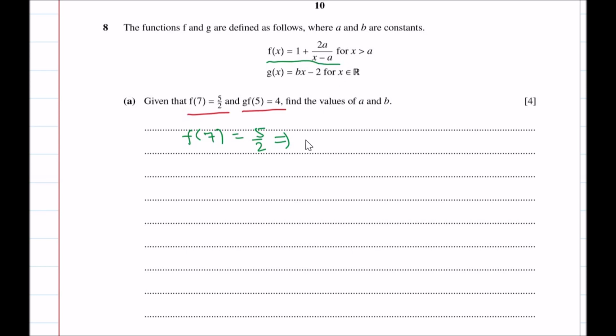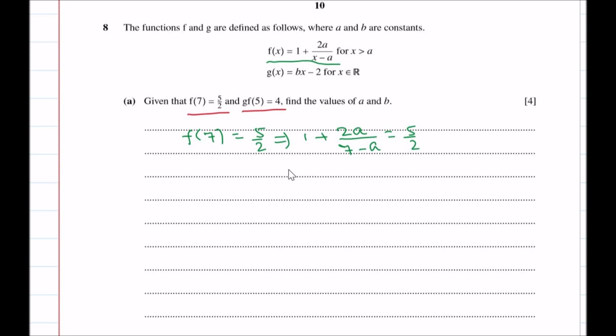So we get 1 plus 2a divided by 7 minus a is equal to 5 by 2. So we got an equation, and from this equation we have to find the value of a.